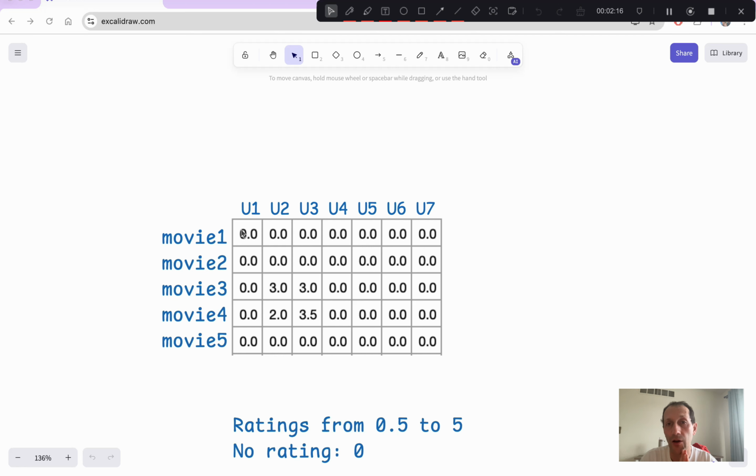So here are 2 ways we could solve this problem, and I'm going to show you the code for both. The first is to find similarities between movies, between users, or between movies and users. And based on those similarities, I'll be able to come up with some predictions of rating.